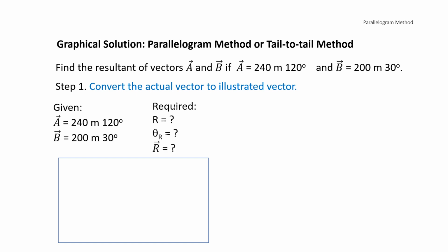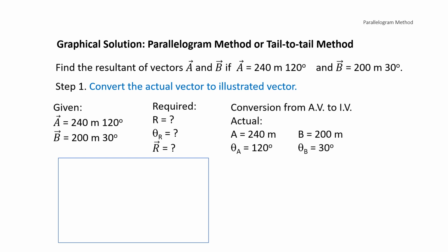The required in the problem are R, the magnitude of vector R, theta sub R, the direction of vector R, and vector R. The conversion of the vector from actual to illustrated measure requires an appropriate scale. The appropriate scale could be 1 centimeter is to 20 meters.